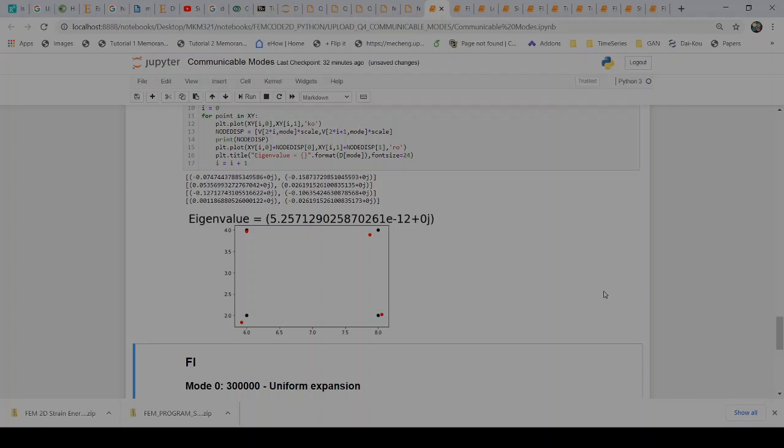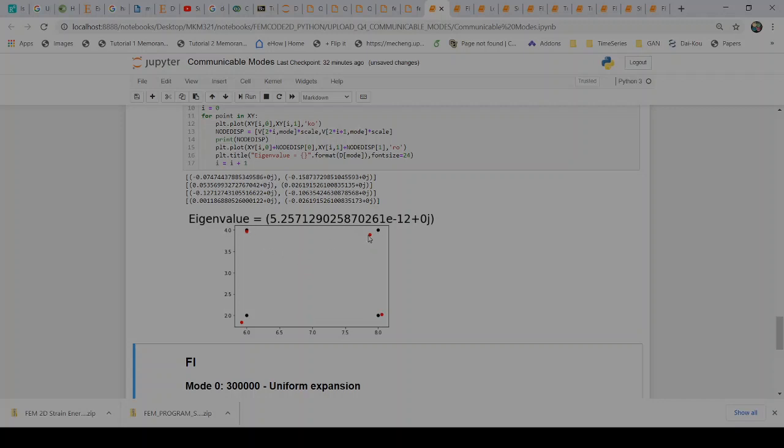If I go and I say, let's make it mode 1. Mode 1, if you look at this, what's going on here? It looks to me like some rotation with some small bending. The reason I say that is this node is almost the same as it was.